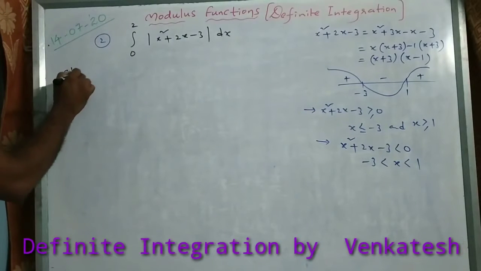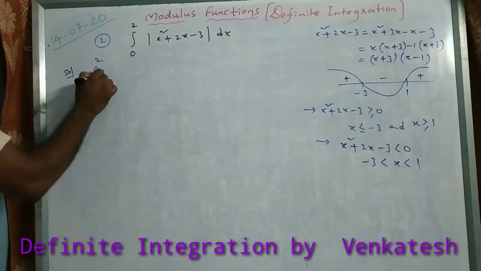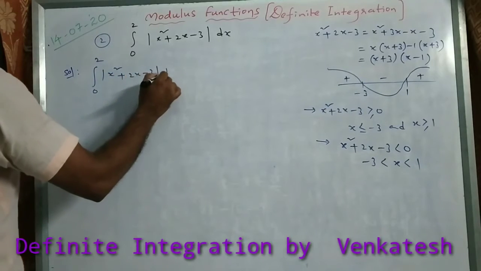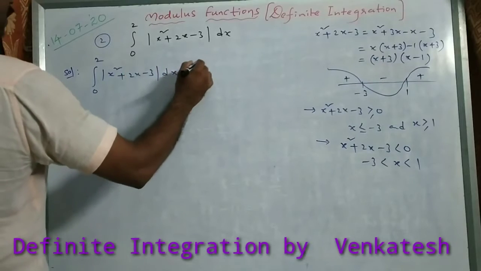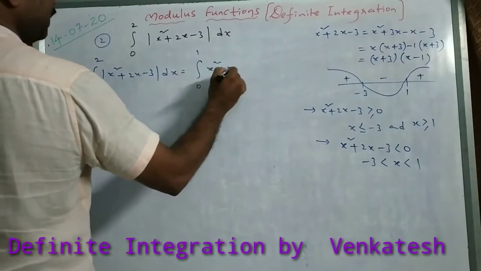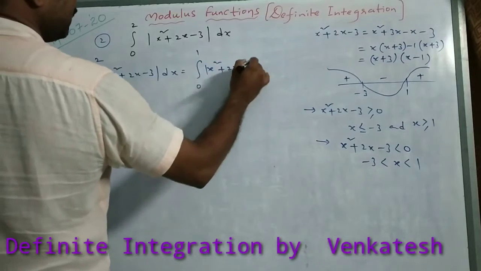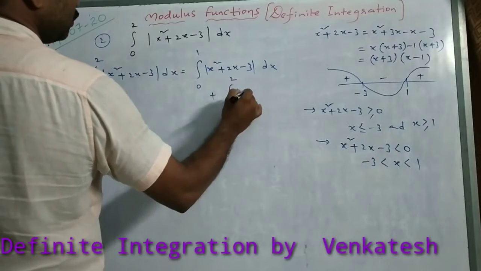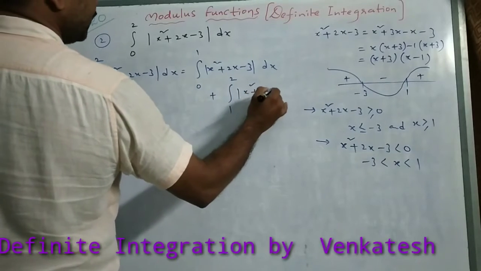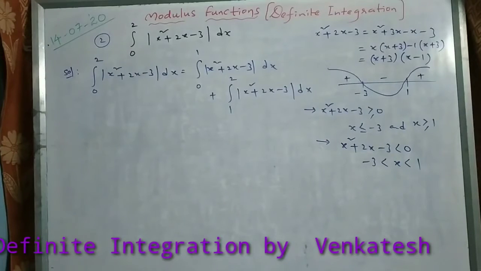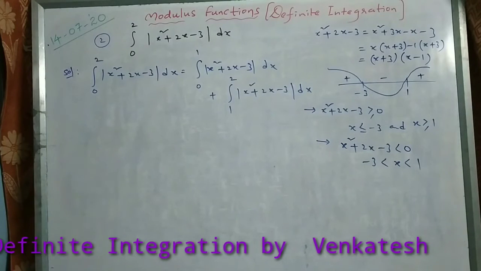So how do we split now? Integral 0 to 2 mod x square plus 2x minus 3 dx equals integral 0 to 1 mod x square plus 2x minus 3 dx plus integral 1 to 2 mod x square plus 2x minus 3 dx. 0 to 1 and 1 to 2.